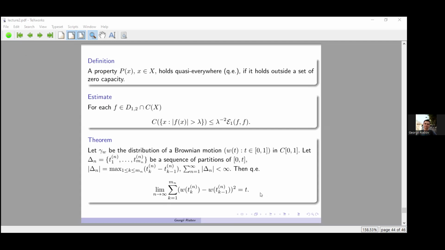This property is also known as the quadratic variation of the Brownian motion.